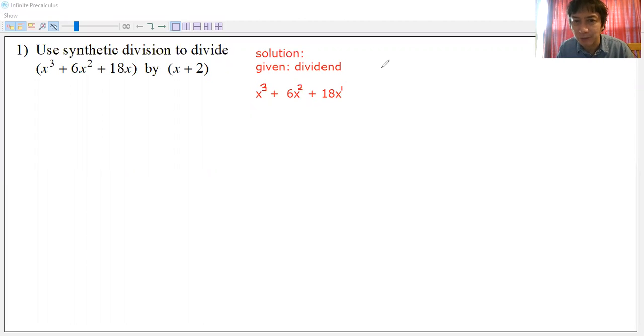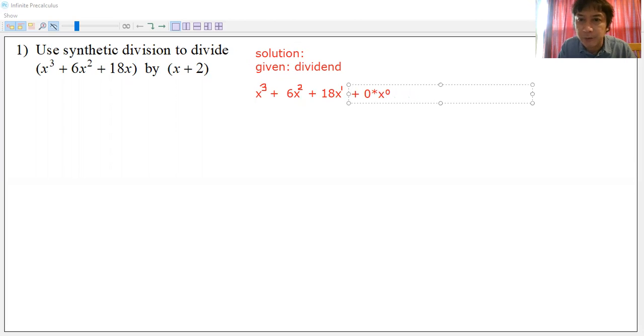That's 3, 2, 1, and we have a 0, of course, the x to the 0. So it will be over here. This is actually a plus 0 times x to the 0.